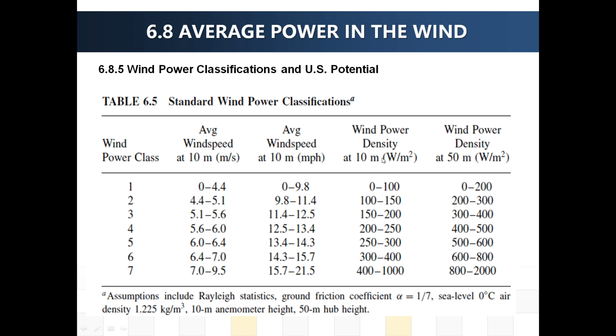The wind power density at 10 meters is about 0 to 100 watts per square meter, and at 50 meters, wind power density is about 0 to 200 watts per square meter. For wind class number 2, the average wind speed at 10 meters is 4.4 to 5.1 meters per second, or 9.8 to 11.4 miles per hour, and the wind power density at 10 meters is 100 to 150 watts per square meter.